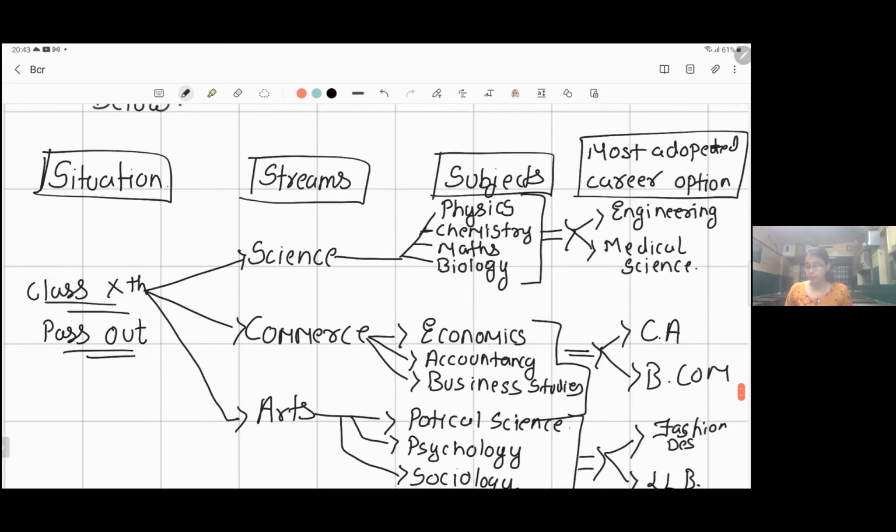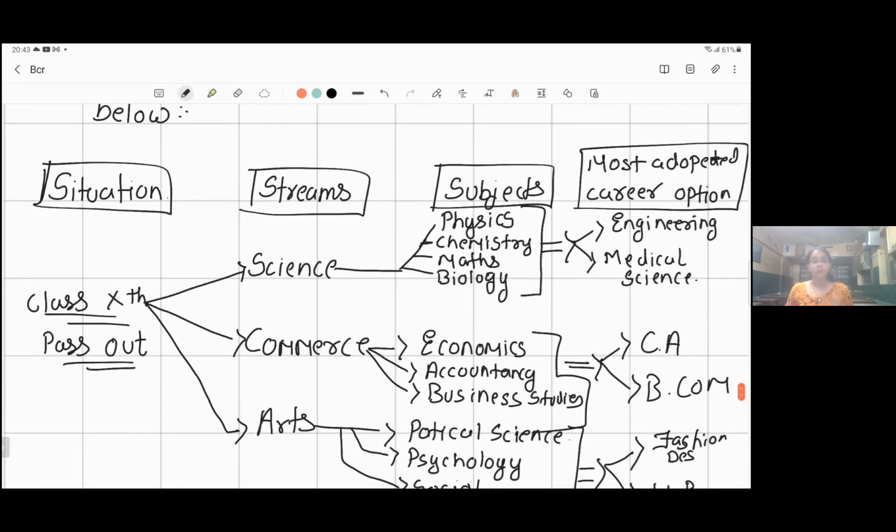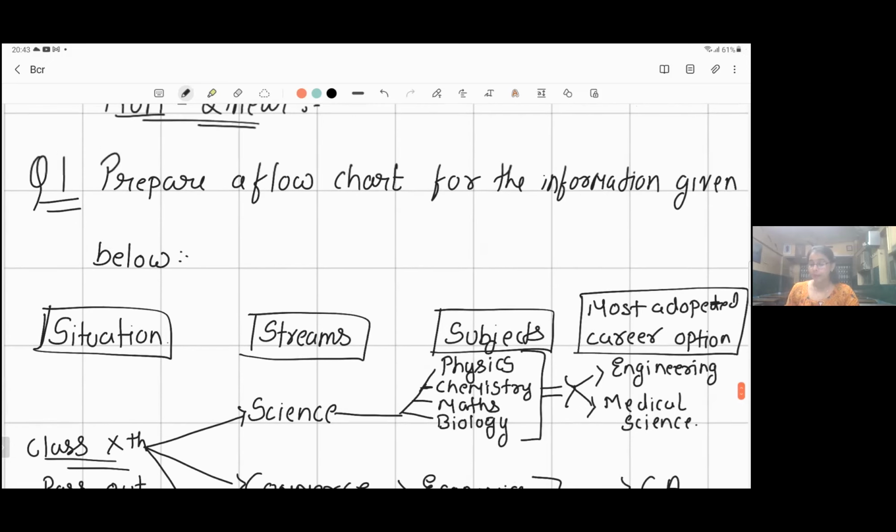Clear? See this, the whole flow chart completed. This is for 5 marks. Prepare the flow chart for the information given below. Done?